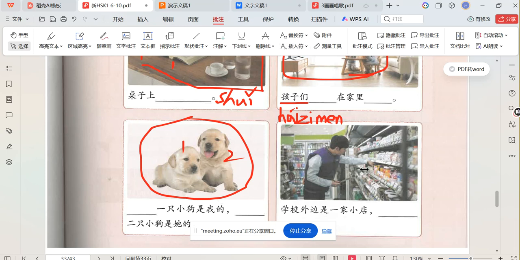And last picture, let's see. 他在做什么？What is he doing?